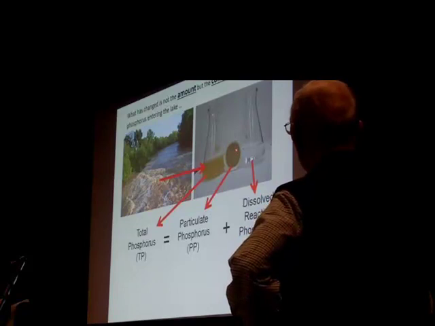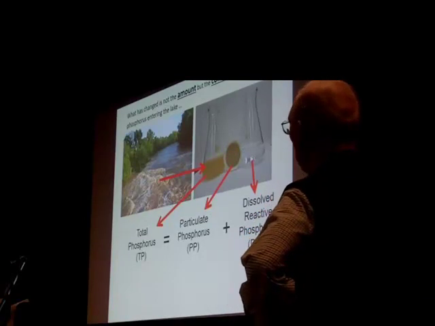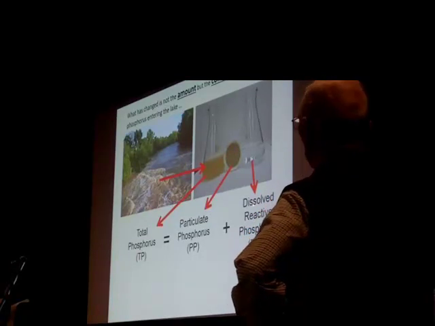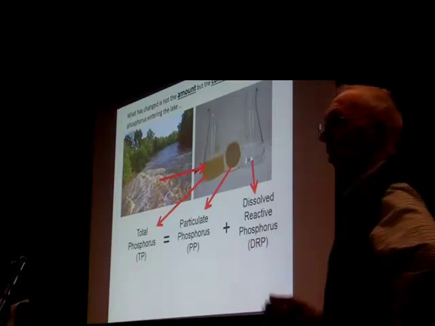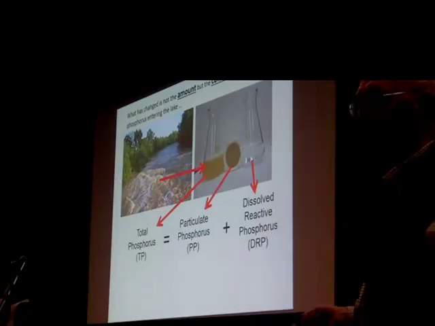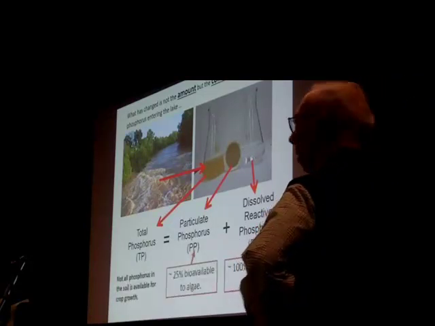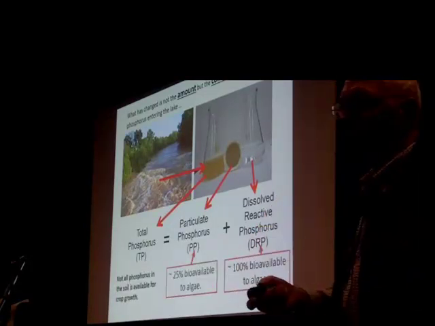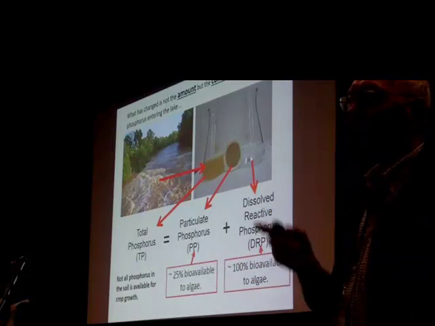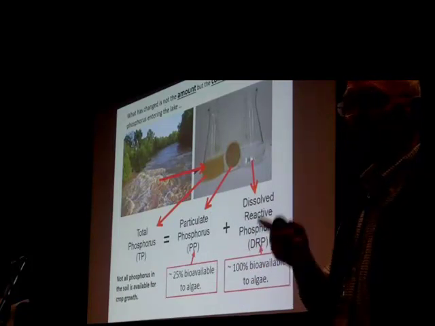The particulate phosphorus, we actually don't measure it directly, but we do measure total phosphorus, and we measure dissolved phosphorus, so it's easy enough to calculate by difference the particulate phosphorus that's going down the lake. And what's important to know is that just like on your cropland in the soil, not all of the phosphorus present in the soil is available to support crop growth.